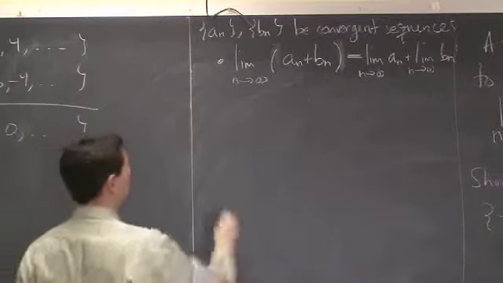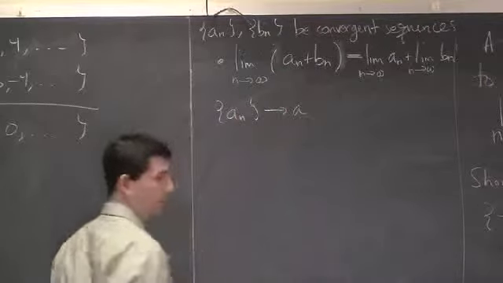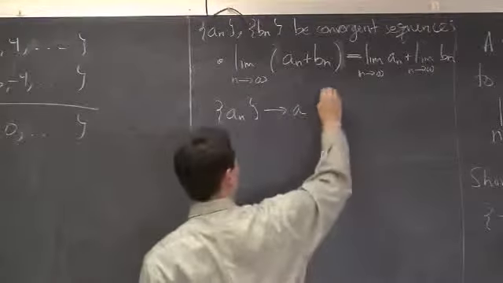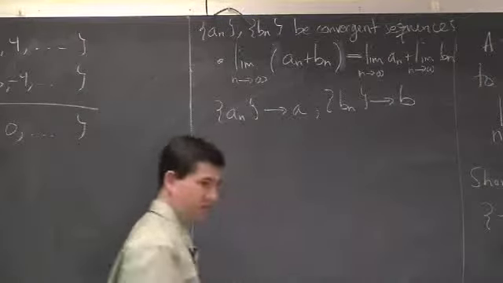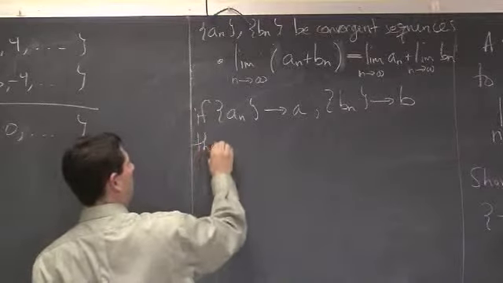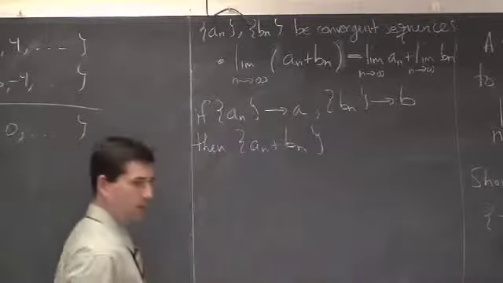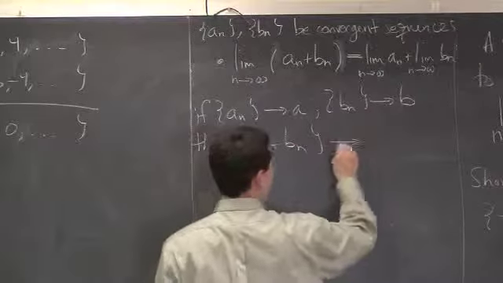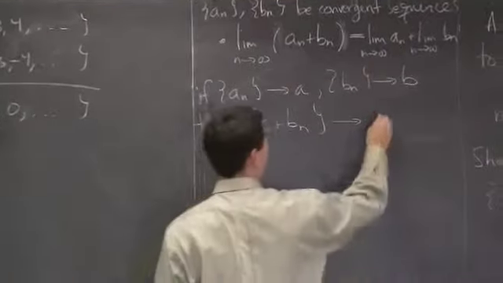Another way to write this is to say, okay, if An converges to A, and Bn converges to B, then the sequence An plus Bn converges to A plus B.